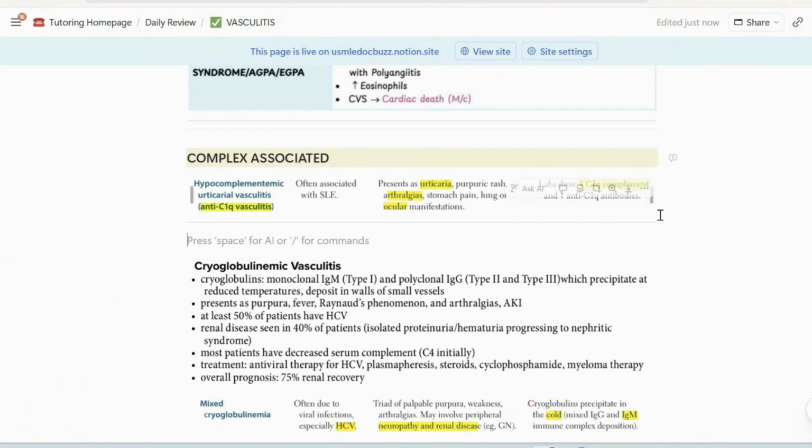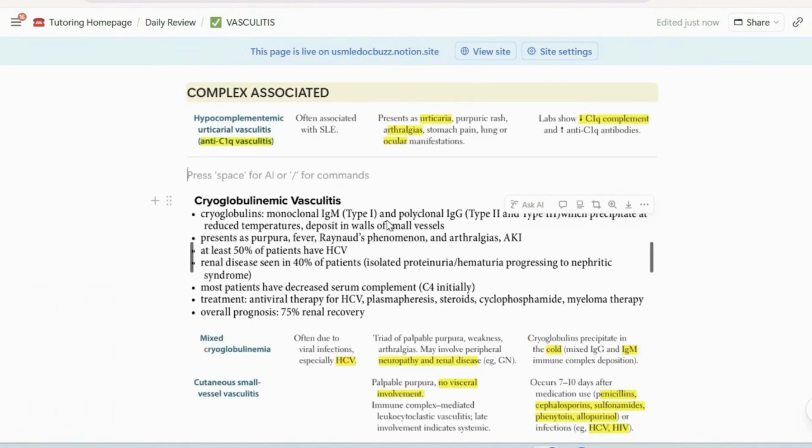Because all these complements are lost, and there's massive inflammation going on. You see the complements are lost against these antibodies. So antibodies are eliminating the complements. Okay. So usually skin plus a couple of organ involvements, right? So stomach, lung, those are the major ones.